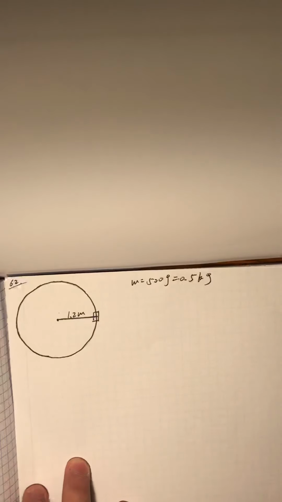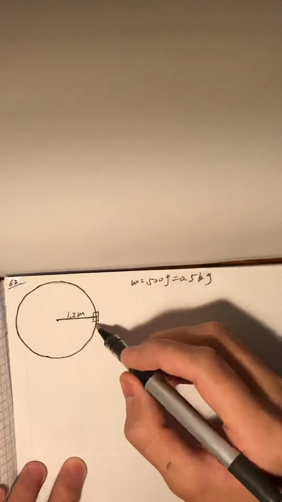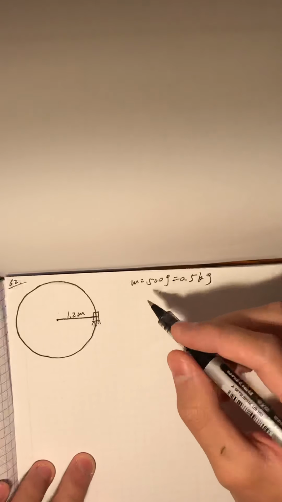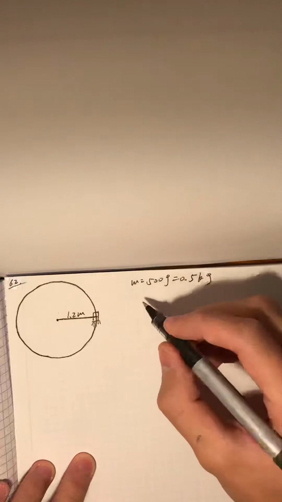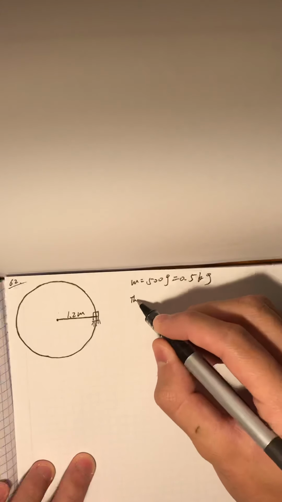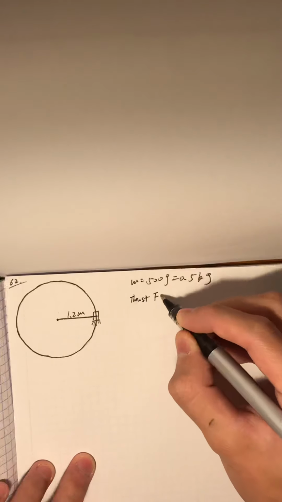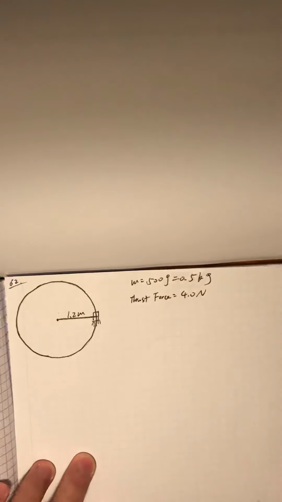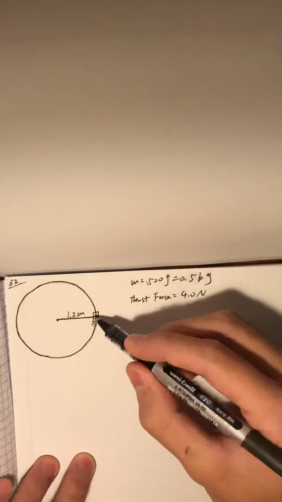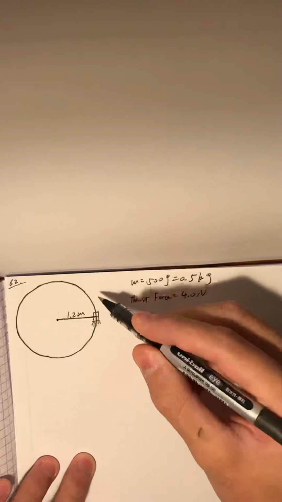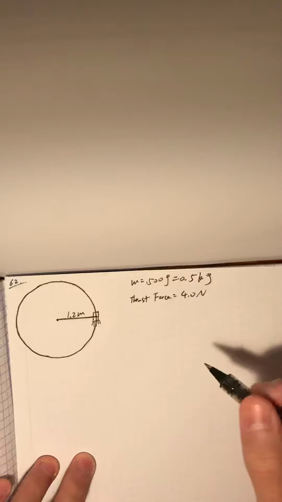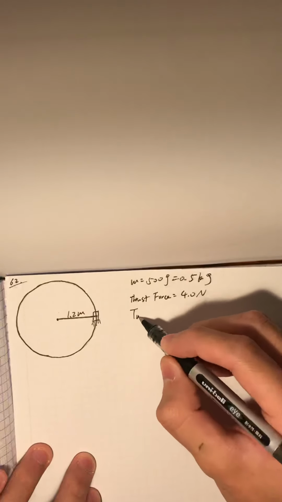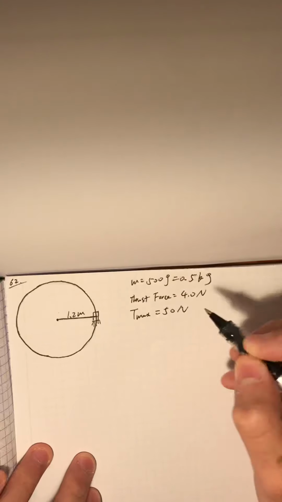Air is ejected from here and provides a thrust force of 4 newtons, perpendicular to the tube. And the maximum tension the tube can withstand is 50 newtons.